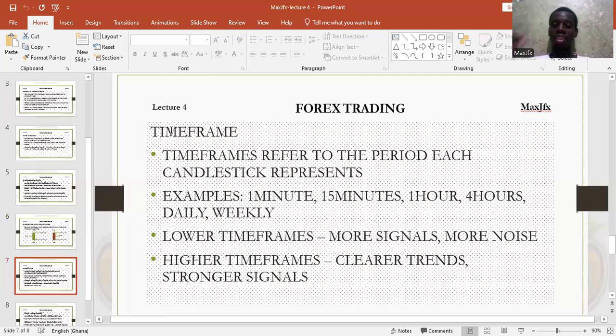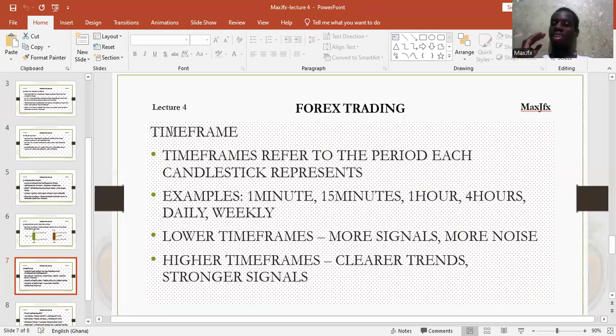Now, the time frames refer to the period each candlestick represents. For example, the candlestick can be of 1 minute, 15 minutes, 1 hour, 4 hour, daily, weekly. It can be 3 minutes, 10 minutes, any type. We also have the 45 minutes time frame, and yearly time frames. The lower time frames can be categorized as the time frames below 1 hour.